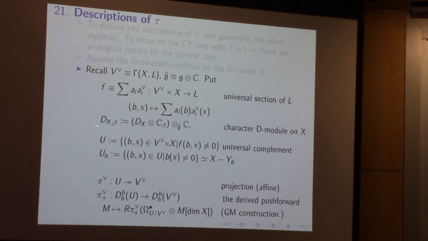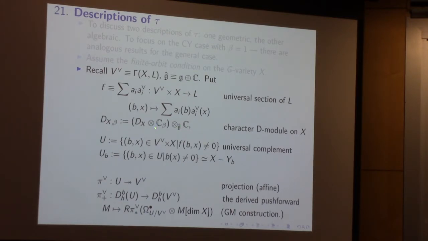Okay, next, this object also plays an important role. This is called a character D-module. You obtain it as follows. You take the D-module on the variety X, tensor it with this one-dimensional representation of G, and this whole thing can be thought of as a right G hat module, and then you tensor it with this trivial one-dimensional G hat module.